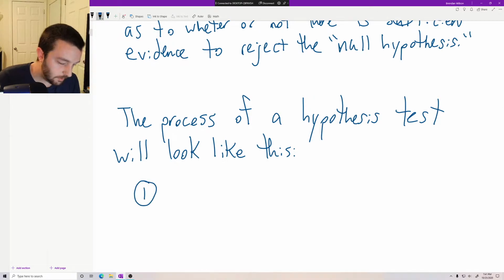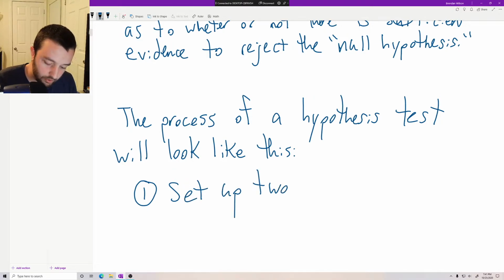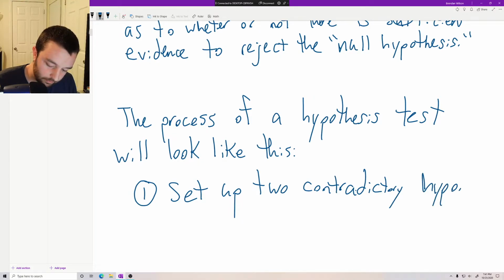One, and I'm just getting this again from the introduction to chapter 9, not exactly 9.1 yet. First, we set up two contradictory hypotheses. Okay.